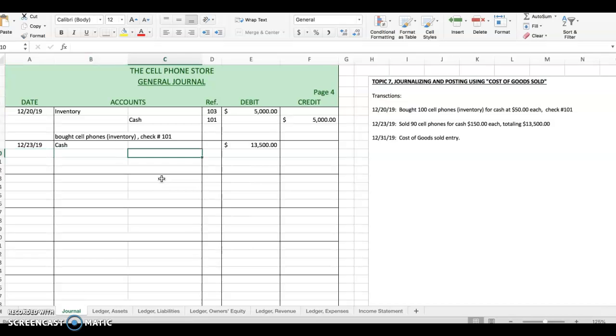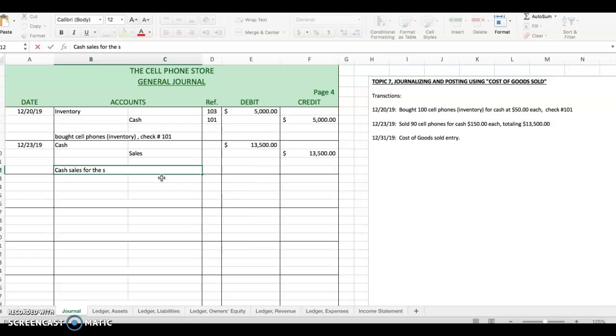And these are sales. So the revenue account is sales, and that goes up. As you know, revenue accounts increase on the credit side. And the source document, the explanation is pretty self-explanatory. Cash sales for the day.